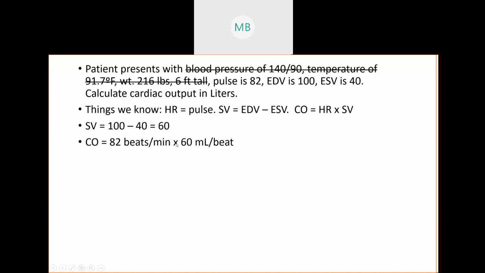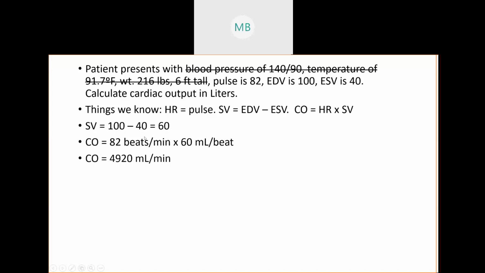And then we have to multiply that by the stroke volume, which was 60 milliliters per heartbeat. Assume that if you are given these numbers in a problem without any variables or units of measurement, it is milliliters per beat. So that just means we need to multiply things across.